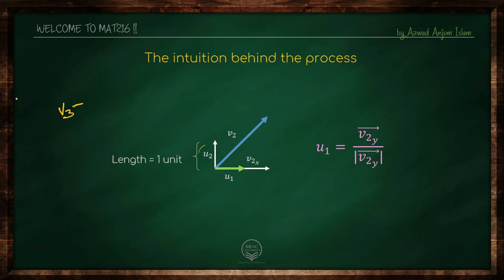The projection of v3 onto u1 and u2 would be already covered by u1 and u2 itself, so we just get rid of that, and whatever we are left with would be w3, which would be orthogonal to both u1 and u2. And if we made it orthonormal by dividing it with its own length, we'd get a 3-dimensional orthonormal basis, right?